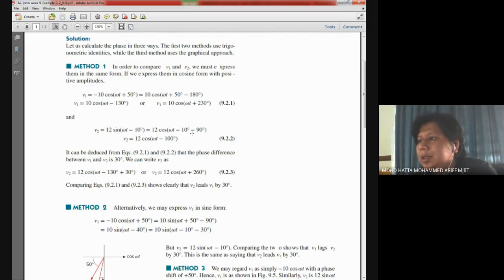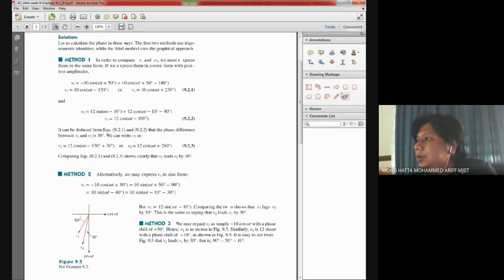I said earlier that you need to plus 90 degrees, but basically you need to minus 90 degrees based on the definition of the trigonometry identity. So now V2, if you convert it into a cos, you need to minus 90 over here.